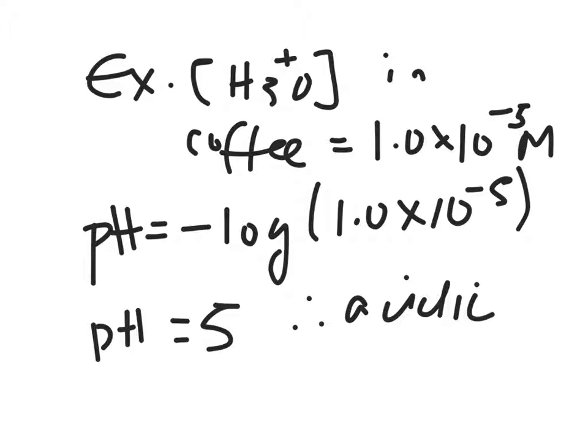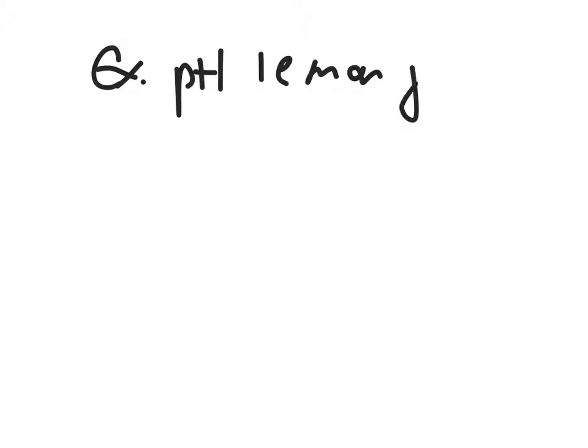You probably already knew that. Let's do another example where we're going to work backwards. Let's say the pH of lemon juice is 2, and we want to know what's the concentration then of hydronium ions in that solution.